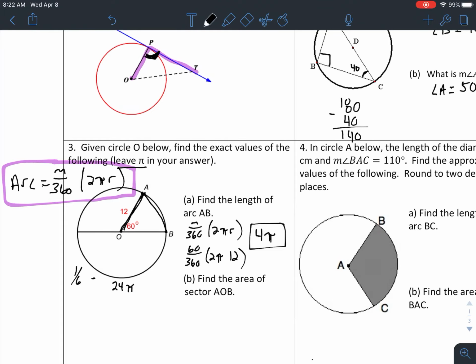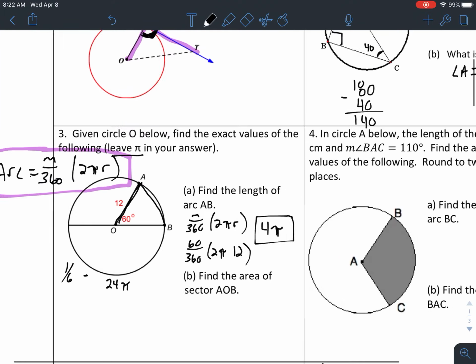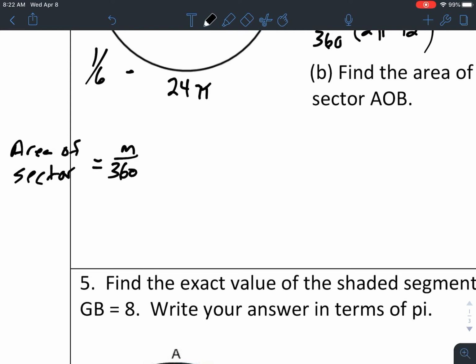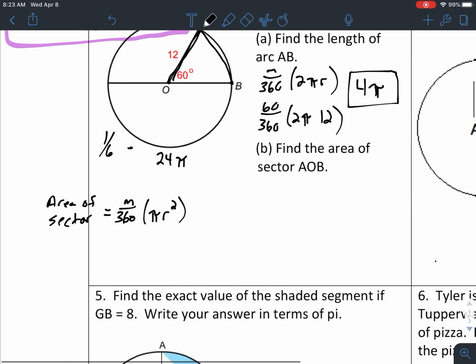There we go. So, area of a sector is, so I'm going to write here, area of sector is m over 360 times pi r squared. Okay, so now we know our numbers again.